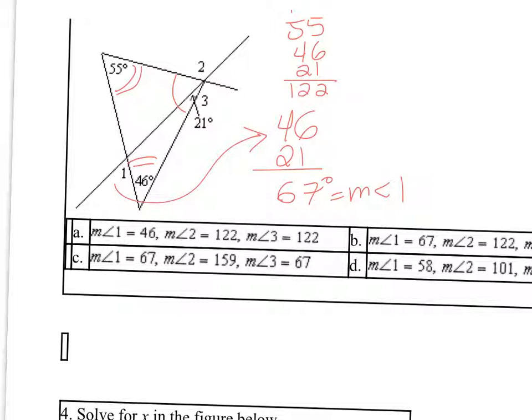What do I do with the 122? You subtract from 180, and that would be 58. So this angle here inside would be 58.